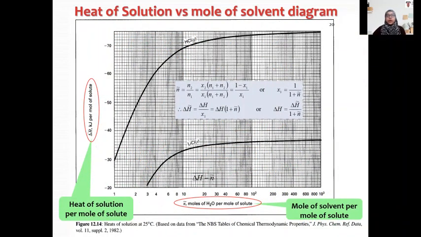Okay, how about obtaining the value of heat of mixing, or the mixing heat, from the graph of heat of solution versus the mole. Usually mole is based on the solvent or water per mole of solute.